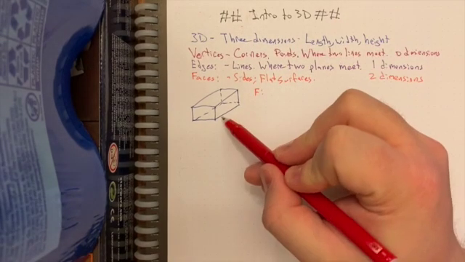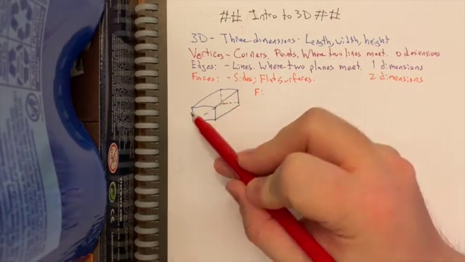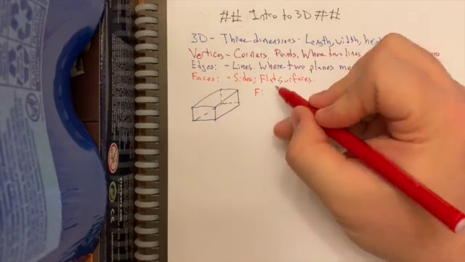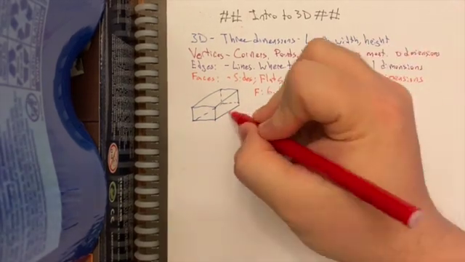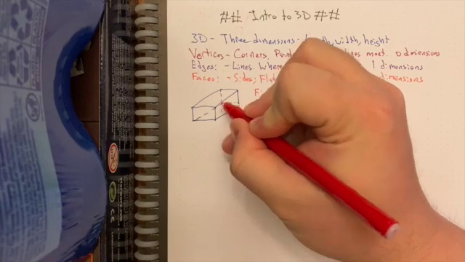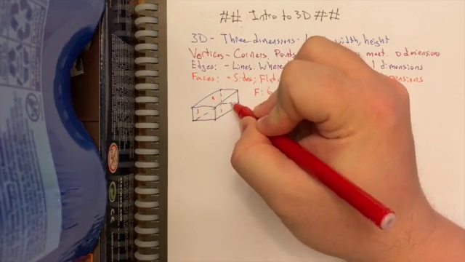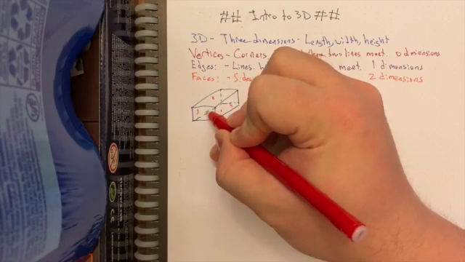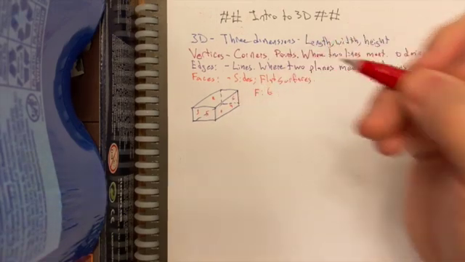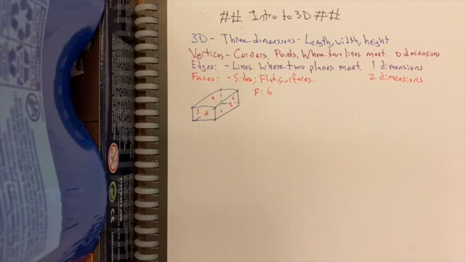So there's a bottom and top, a left and a right, and a front and a back. So there's 6. Bottom, top, left, right, front, back, which it's kind of hard to tell what I just did there because it's very abstract.